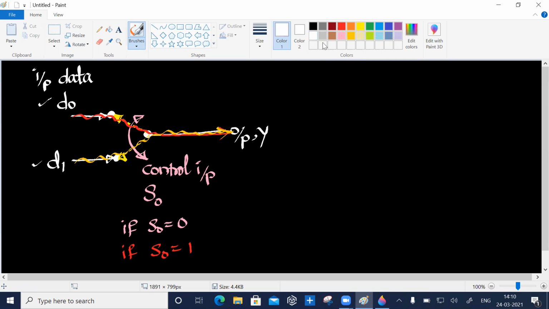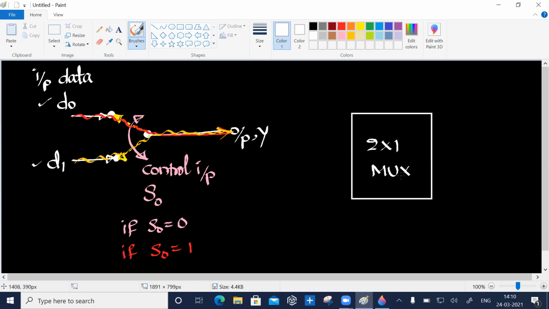Putting it together, this is a 2 by 1 mux. That means I have two inputs, D sub 0 and D sub 1, and I must take one select input, S sub 0.